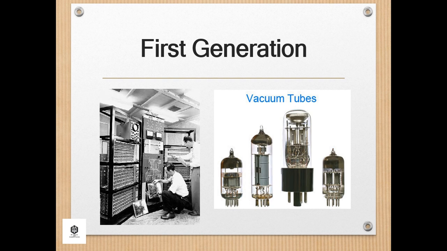The main features of the first generation are vacuum tube technology, unreliable, supported machine language only, very costly, generated a lot of heat, slow input and output devices, huge size, need of AC, non-portable, and consume a lot of electricity.